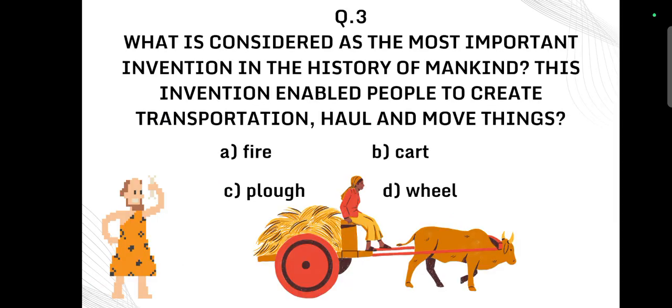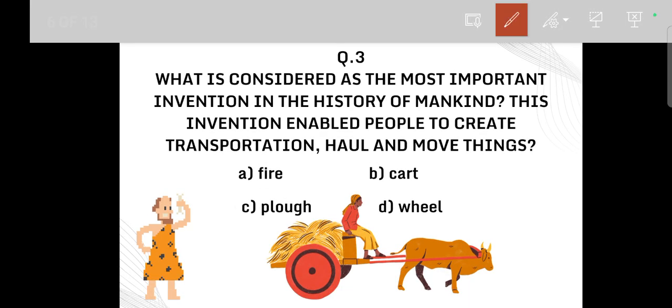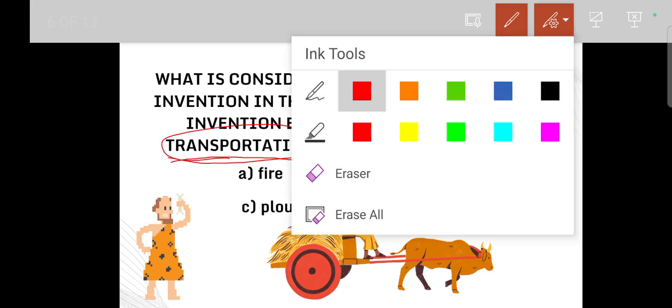Third question, what is considered as the most important invention in the history of mankind? This invention enabled people to create transportation, haul, and move things. When you are reading this question, keep in mind that we have to answer about the invention that enabled people transportation and to move things. So let us see the options.